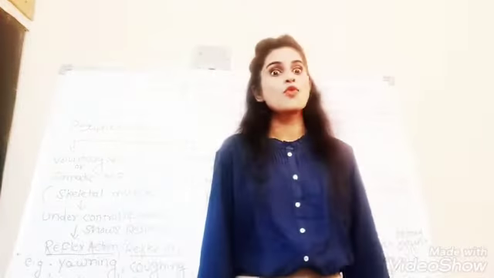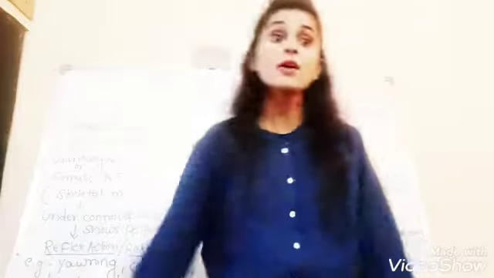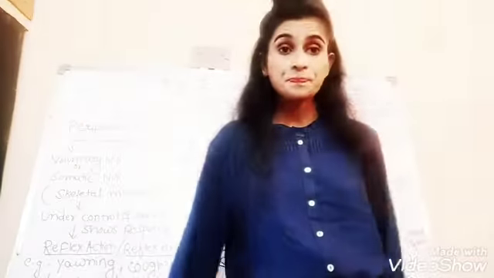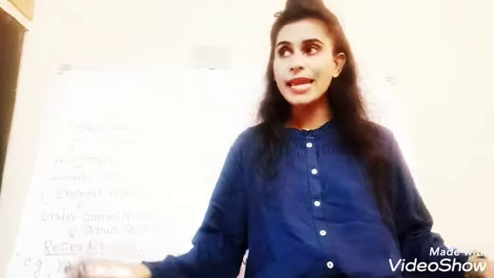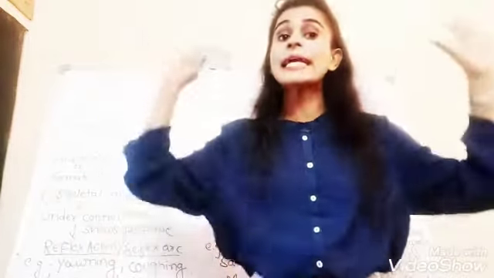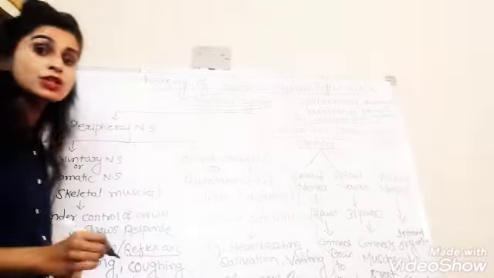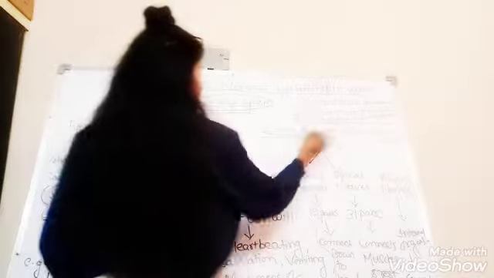Now let's move on to the important section of this, that is the nervous system and the working of the nervous system. Nervous system, guys. Very broadly and clearly, this nervous system can be divided into 2 types. They are peripheral nervous system and your central nervous system.